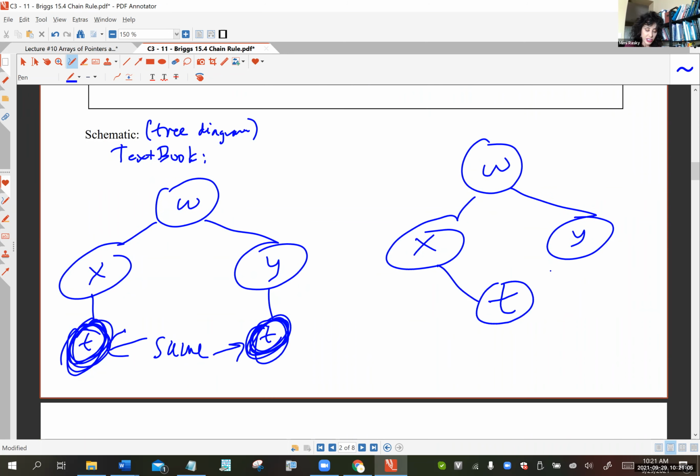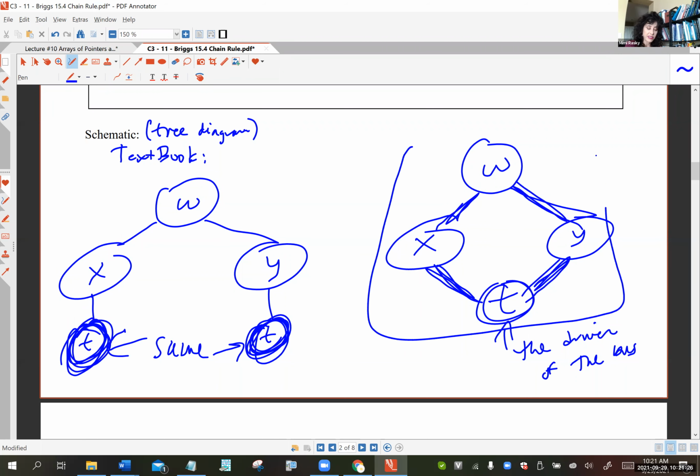So the way I sketch it is x and y are functions of t, and they're sharing the t. And t is the driver of the bus, because whatever he does, whatever he changes to, since he can affect x and y, and then x and y themselves can affect w at the top, t can drive the bus.